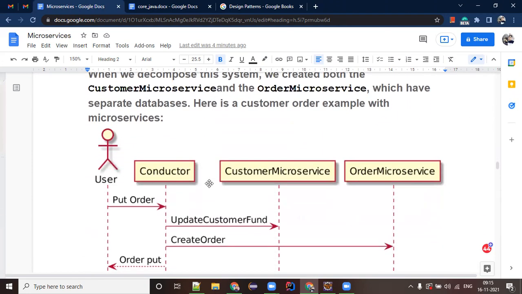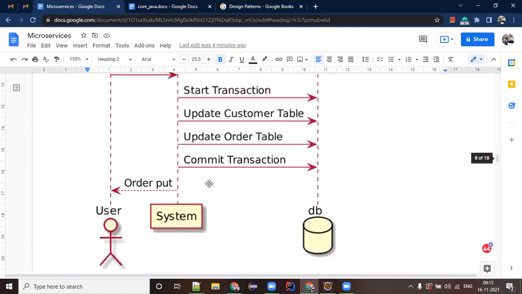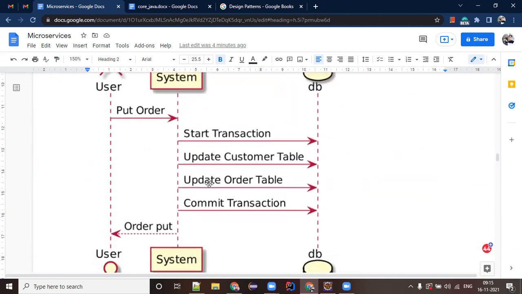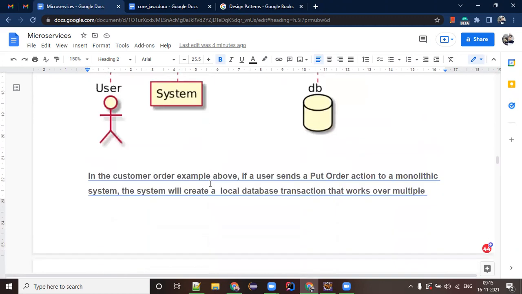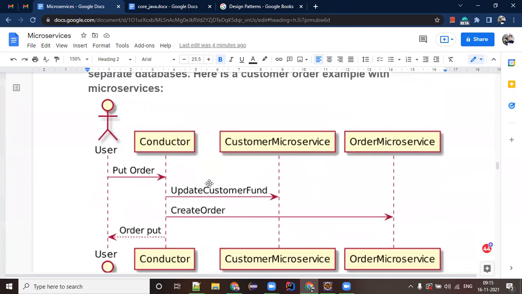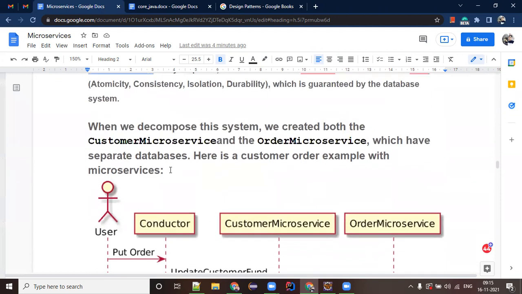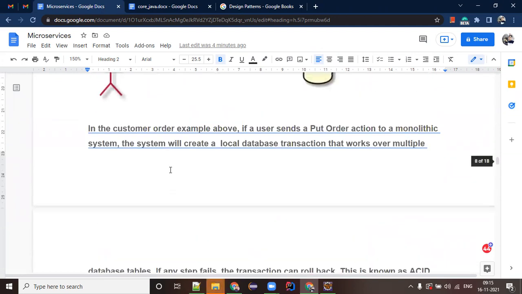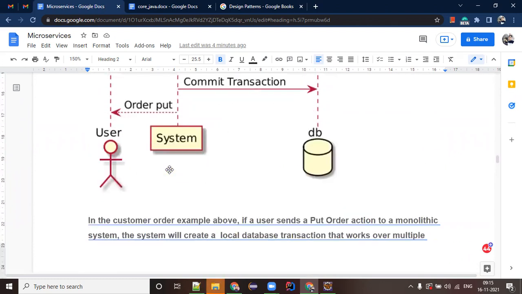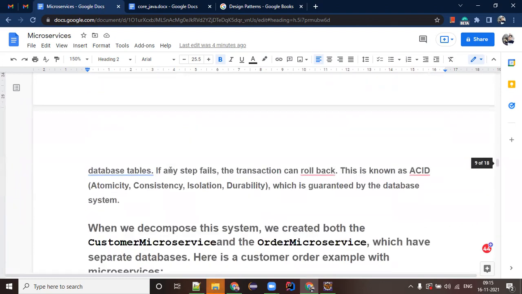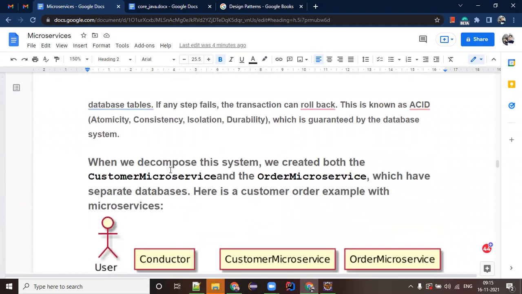Think about now the same application having order and customer as separate microservices, something like this. The user has put an order, and there is a conductor. This particular design pattern's name is the coordinator design pattern. I will be talking about it in some time.